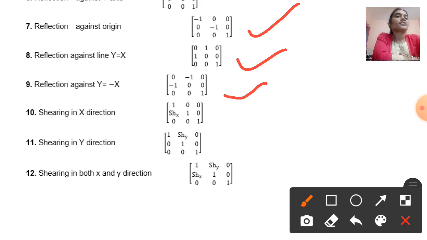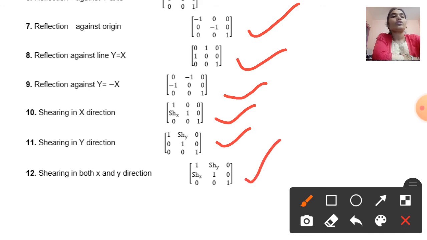Next we will discuss shear. Shear in the x direction is 1 0 0, shx 1 0, 0 0 1, and in the y direction 1 0 0, 1 shy 0, 0 0 1. So these are shearing in the x direction and shearing in the y direction. And shearing in both directions means 1 shx 0, shy 1 0, 0 0 1.